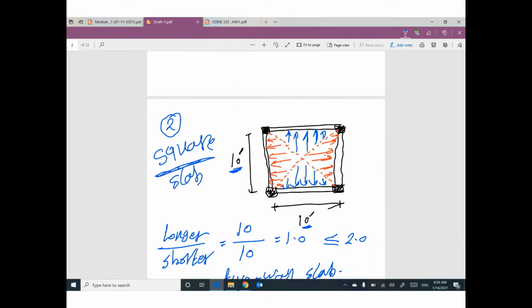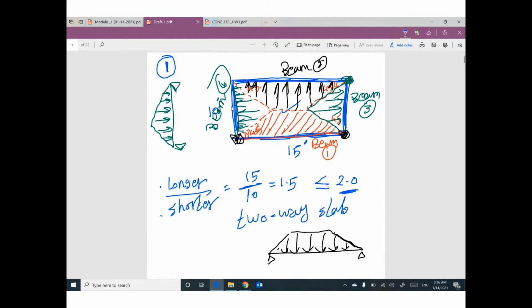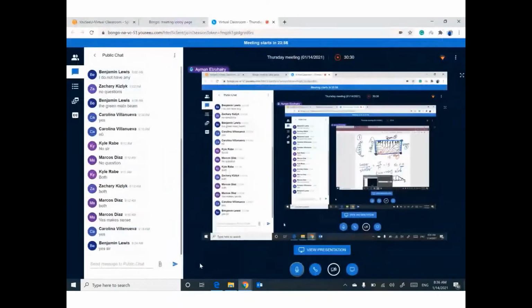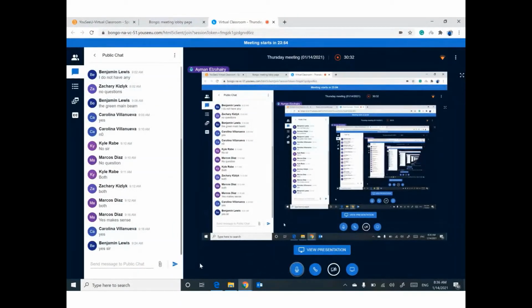Longer divided by shorter equals 1, smaller than or equal to 2, so it's a 2-way slab. But if you draw the line with 45 degrees, you will divide the slab into 4 triangles. In this case, you divide the slab into 2 triangles and 2 trapezoids. Any questions so far? Guys, let me know.